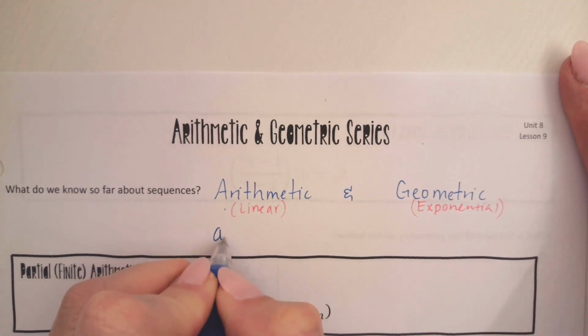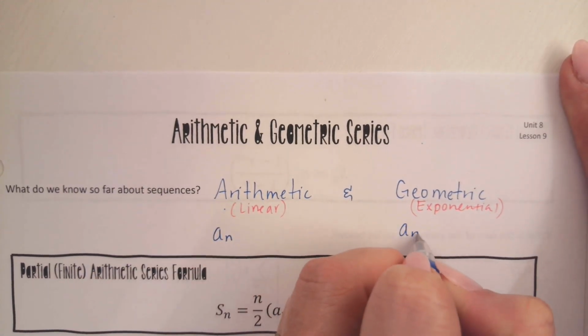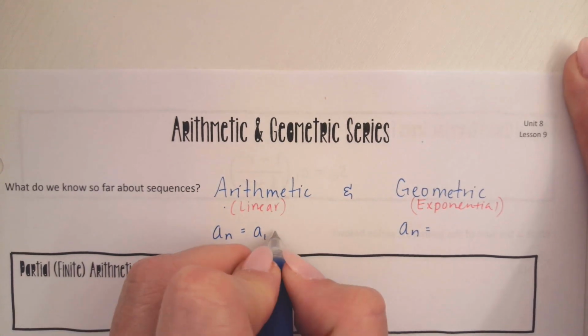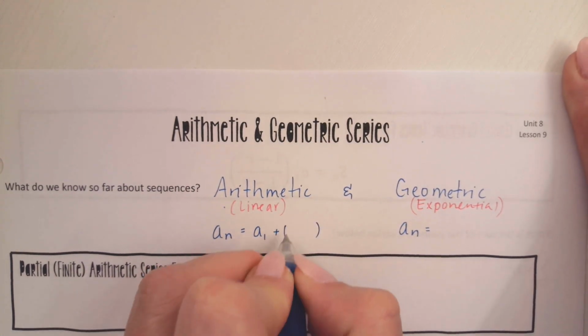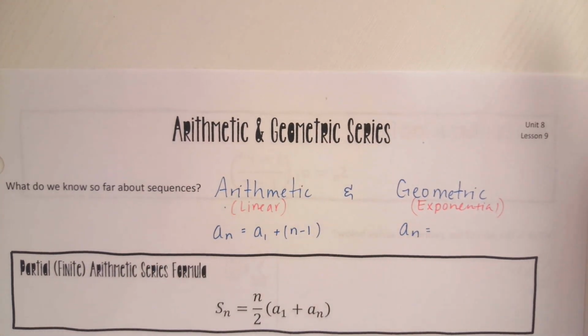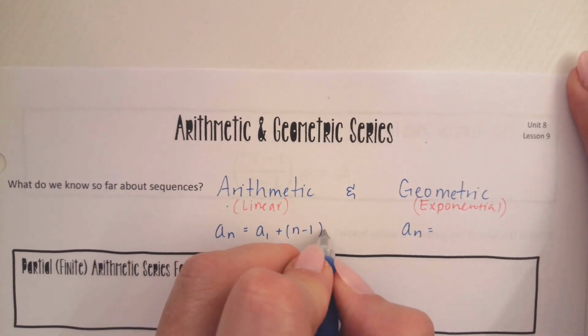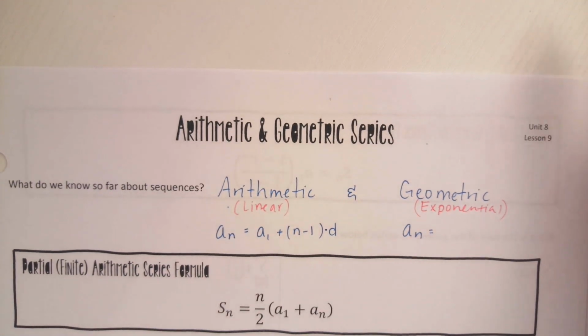So they both had an AN, which is like a y equals. Okay, and then for arithmetic, we had our starting term, A1, plus, and then in parentheses, there was n minus 1, which is like an x minus 1. And then what was behind it? D, common difference, right? Times the common difference.